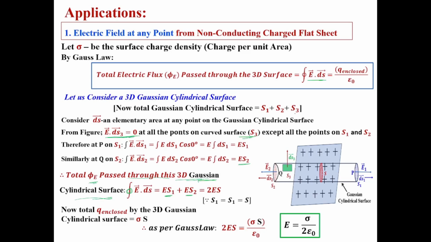That is ES1 plus ES2 plus 0, equal to 2ES. Why is it 2ES?